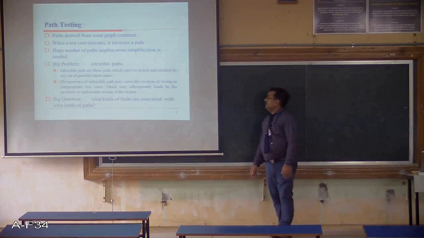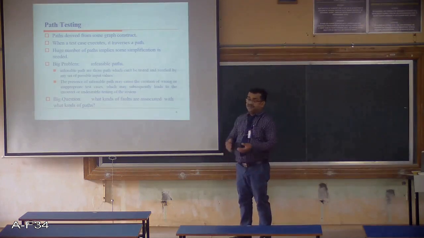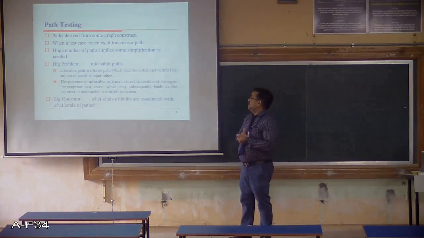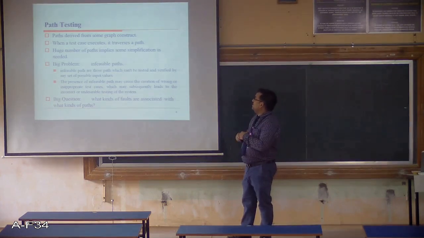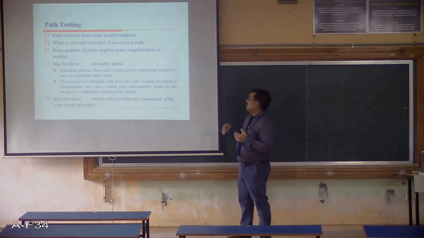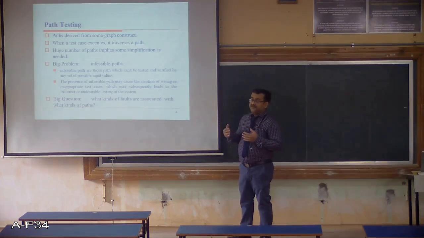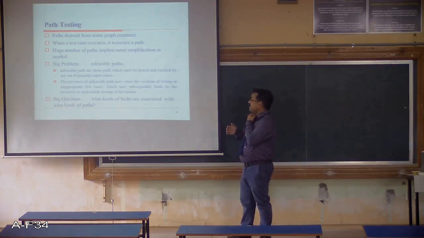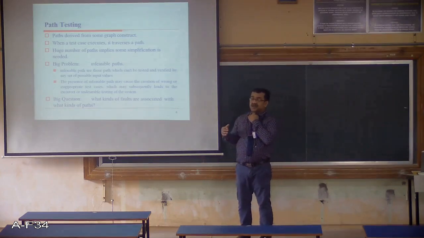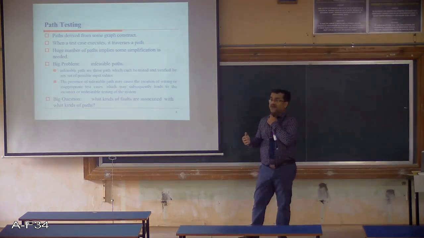Now, the main problem of this kind of path testing is basically infeasible paths. What is an infeasible path? It is a path which cannot be tested and verified with any possible input values. If, with the possible input values, the path cannot be tested, then that becomes an infeasible path. The presence of an infeasible path leads to the creation of inappropriate test cases.